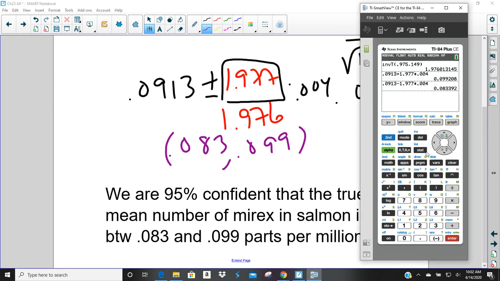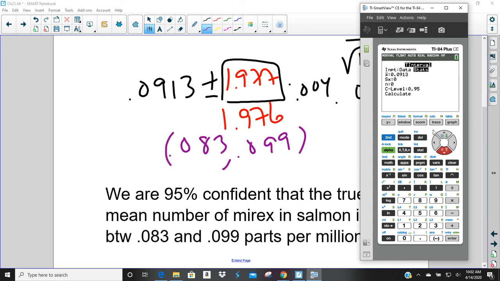Real quick, let me show you how to use the calculator for this. We're going to go to stat. We're going to go to tests, and we're going to choose a t-interval. Enter. I'm going to choose stats for mine. Okay, so my X bar is going to be my 0.0913.